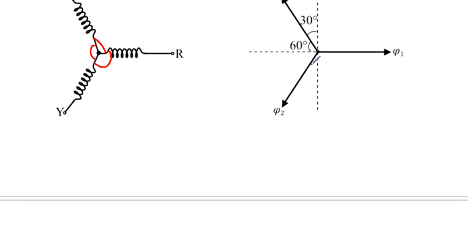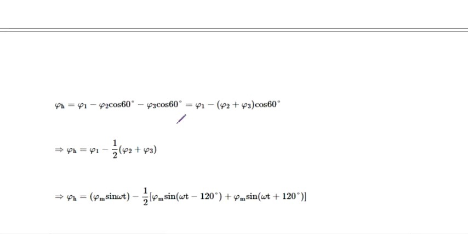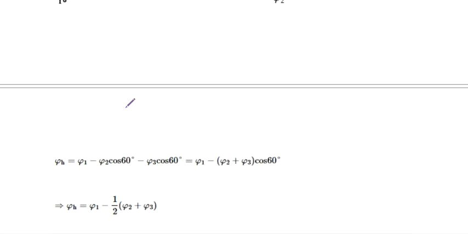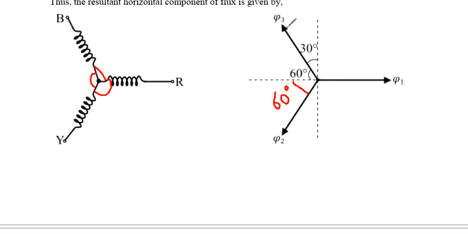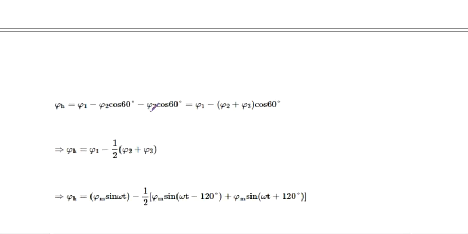Due to phi 2, towards the horizontal side, we have a 60 degrees angle here, and due to the 60 degrees angle we get phi 2 cos 60, and this is towards the negative side of the horizontal axis. That's why it is minus phi 2 cos 60. Similarly, what about phi 3? Due to phi 3 also we have 60 degrees towards the horizontal axis. Then again this is phi 3 cos 60 degrees, and that is also negative.